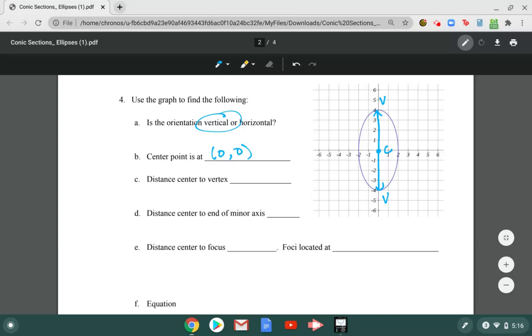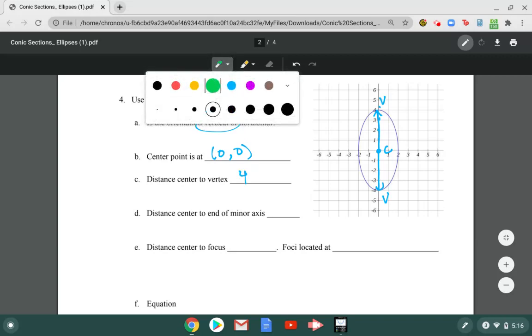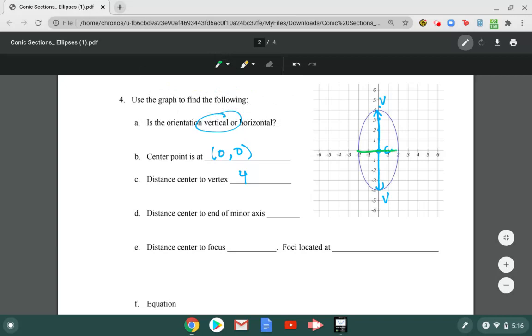Distance center to vertex is going to be 1, 2, 3, 4. Distance center to the end of the minor axis. Let me grab my green pen and draw on my minor axis. Those endpoints are 2 away. There's one endpoint, I'm just going to call him E, and another endpoint. So that distance is 2.